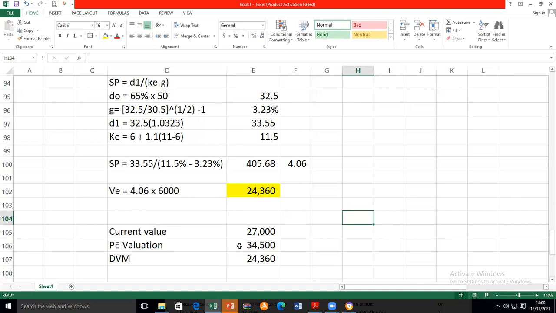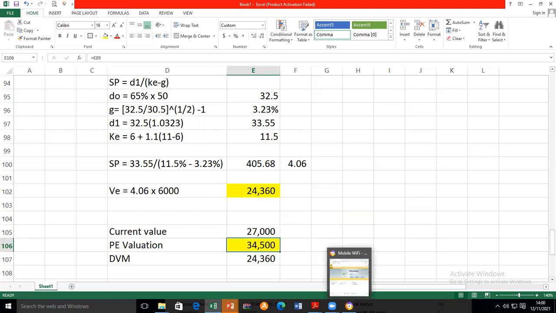Okay, so the PE valuation is the highest. What could be the problem? The PE that we have used is too high. So this may be due to errors in computing the PE.